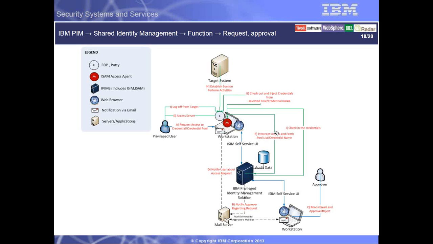It's going to fetch the list of pools accessible to this user. Now he'll get a dialog saying, to connect to these servers, these are the available pools or credentials for you. So the user can select one credential based on his requirement.